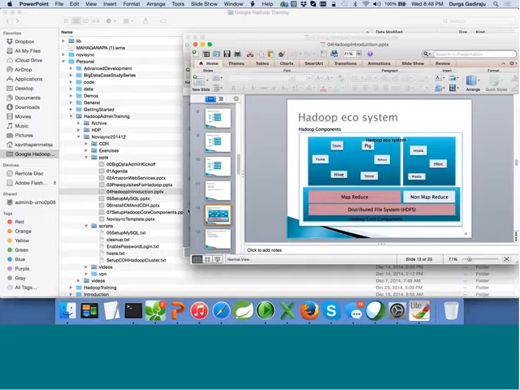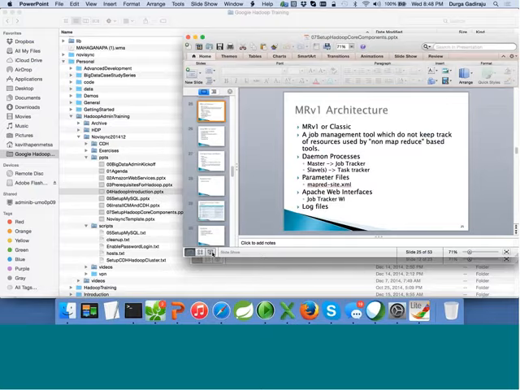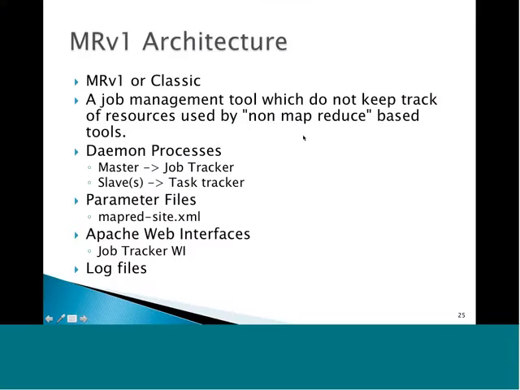One of the major drawbacks of the MapReduce Classic framework is that it only keeps track of MapReduce based tools. So if you have both HBase and MapReduce programs running on the same cluster, as MapReduce does not keep track of the resources used by HBase, it might make wrong judgments, and you can see performance issues in the Classic framework.